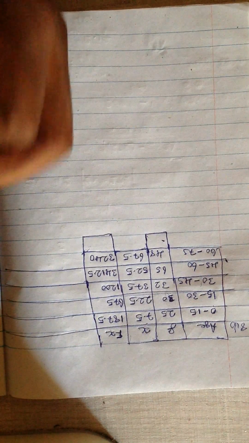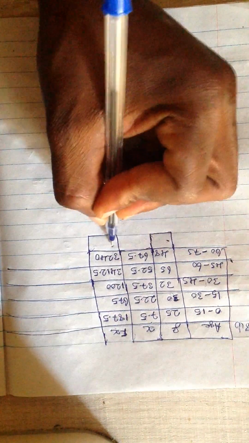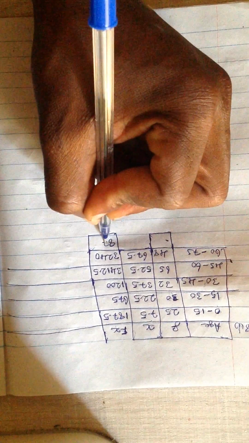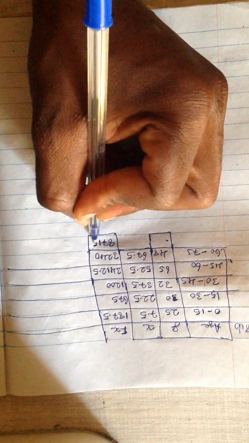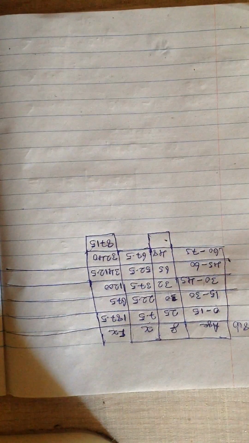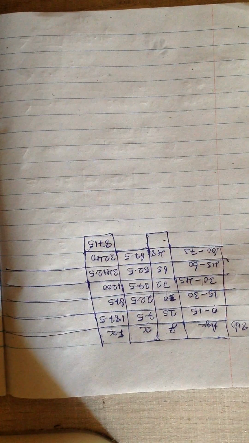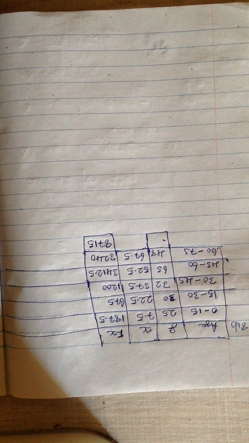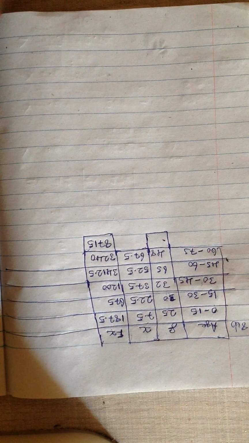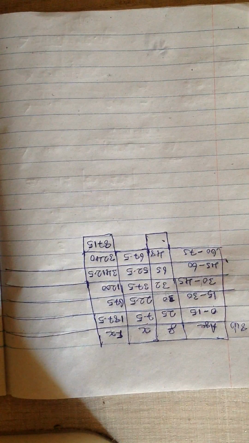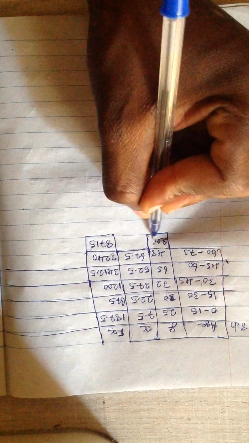The summation here is 8715. Then we come to the f part: 25 plus 30 plus 32 plus 65 plus 48. We have 200.